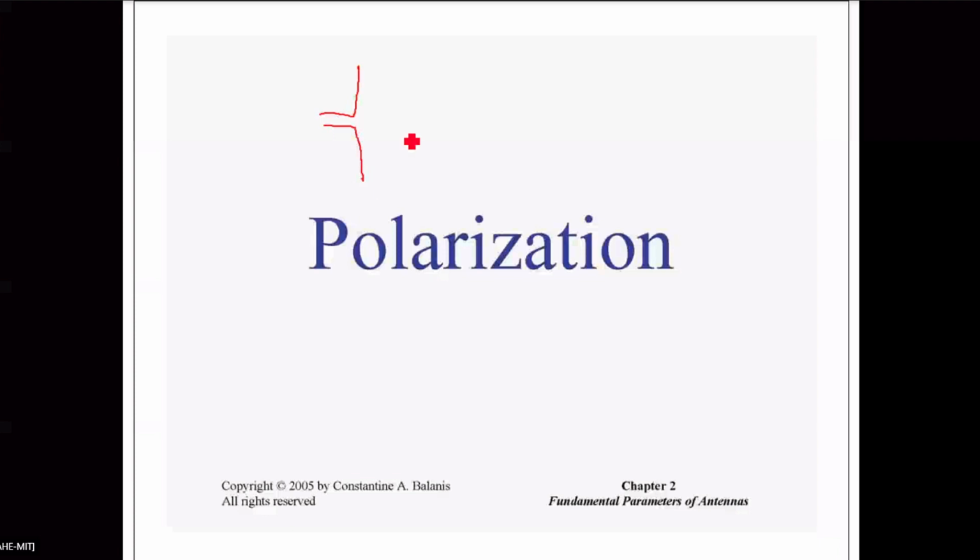Let us say it is oriented along the z-axis. Now, if the electric field lines falling on the antenna are also along the same direction, along the z-axis, like this.